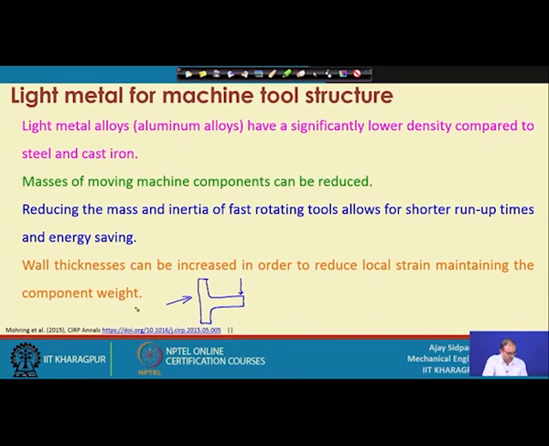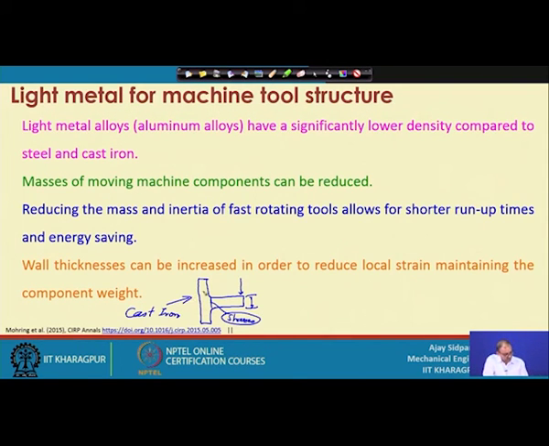Okay. So, right now this is steel, or let us make it from cast iron. Correct. Now, this thickness plays an important role here, because whenever you apply load, stresses will be very high at this location. Correct. So, now this is the cast iron.